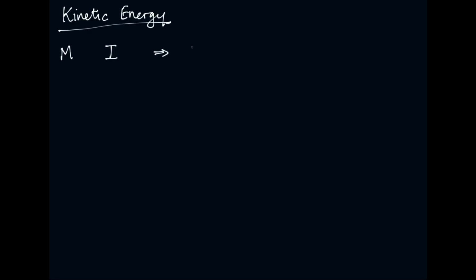So given these, the total kinetic energy of an object like this, as we said before, is the sum of the translational part, which is 1/2 mass times the speed of the center of mass squared, and there will be the rotational component, which is 1/2 I omega squared. Moment of inertia and angular velocity squared.